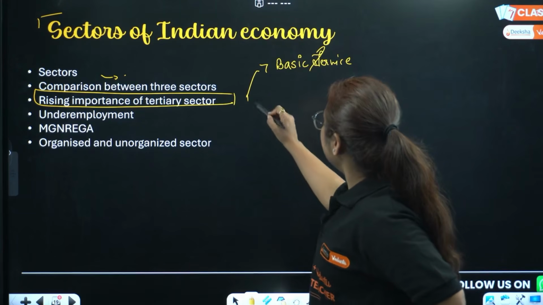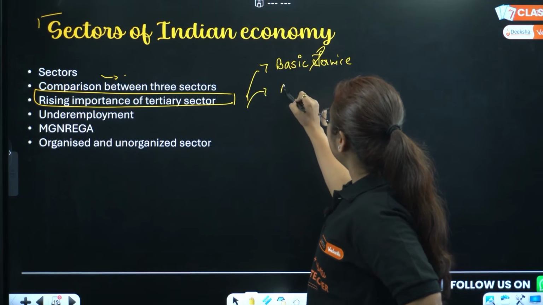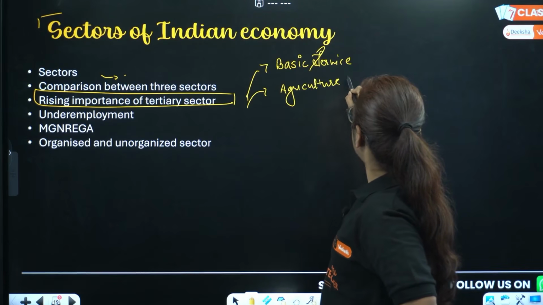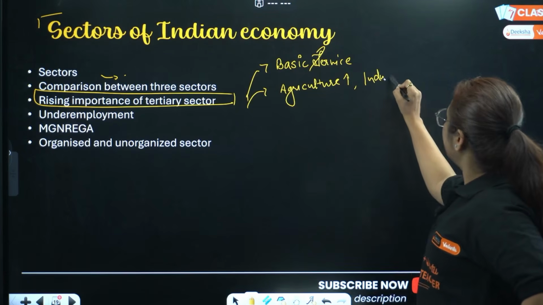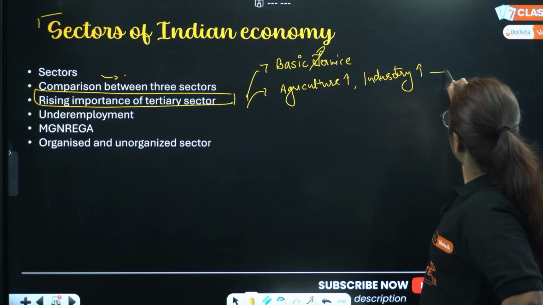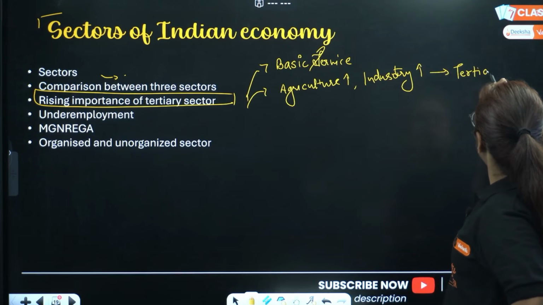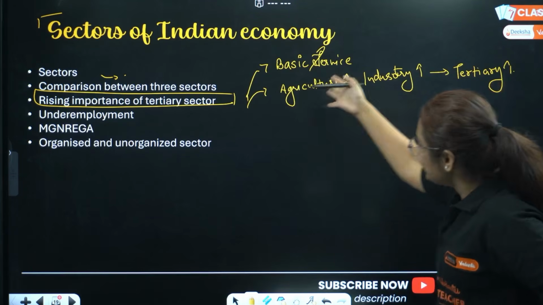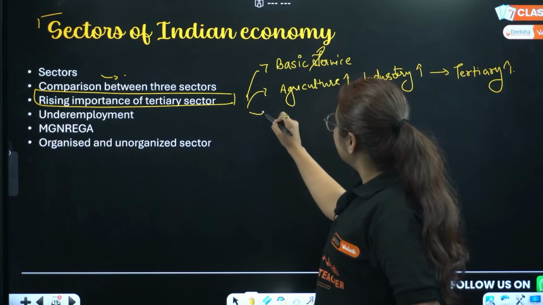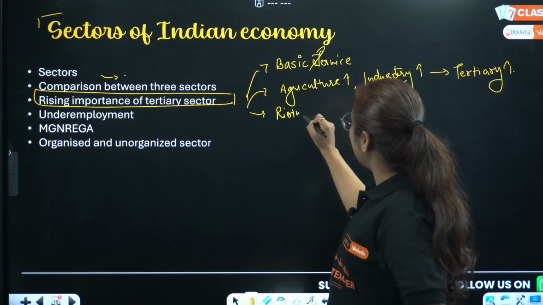Okay. Then if there will be growth in agriculture, bhaiya, there will be growth in industry. There will eventually be growth in tertiary sector. Who is going to transport these products? Tertiary sector. Okay. There is rising income.